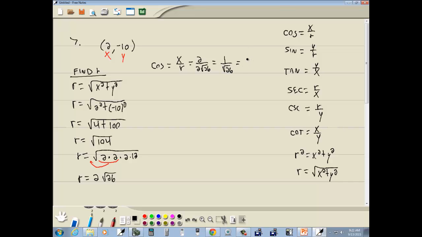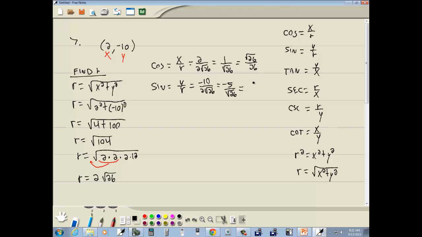Multiply top and bottom by square root of 26, and we got square root of 26 over 26. Sine is equal to y over r. So that's going to be negative 10 over 2 square root of 26. 10 and 2 both divisible by 2, so that gives us negative 5 over square root of 26.